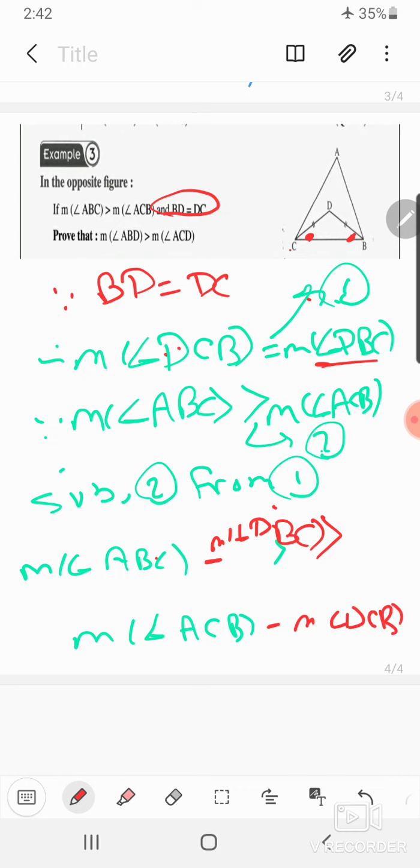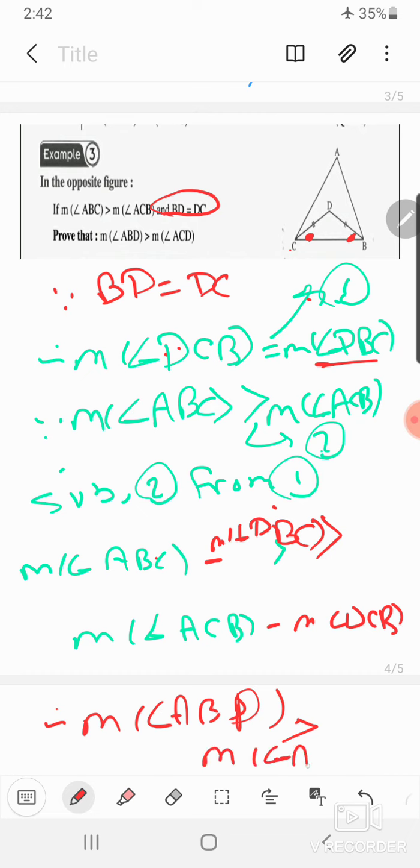If I make subtract from them, I will get the required to prove, which is measure angle ABD is greater than measure angle ACD.